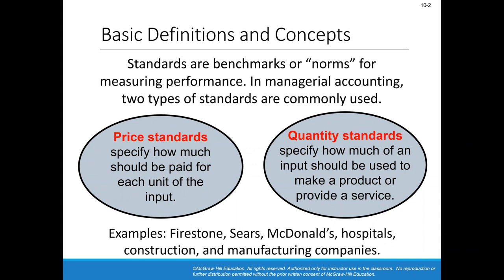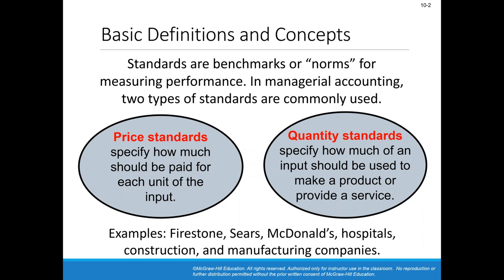In other words, you look at a car and you go, these are the parts that go into this car, and we know what we paid for these parts. So this is the bill of materials.